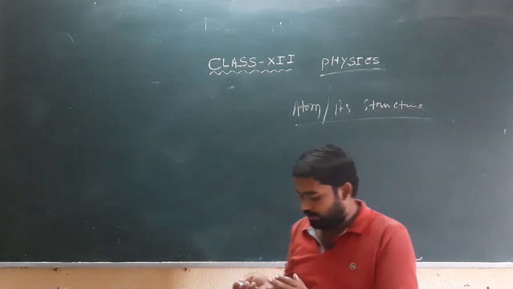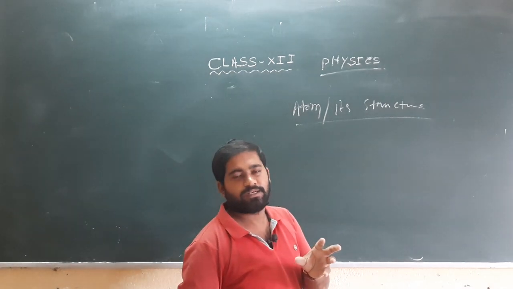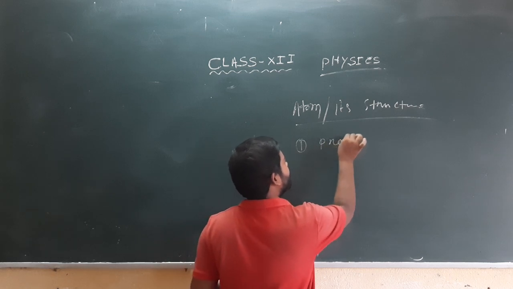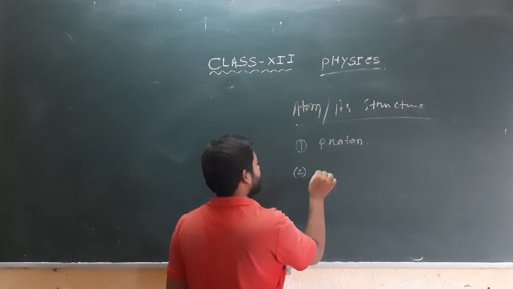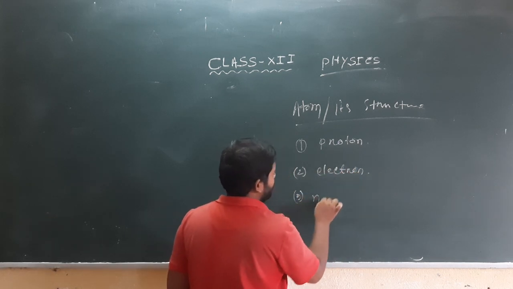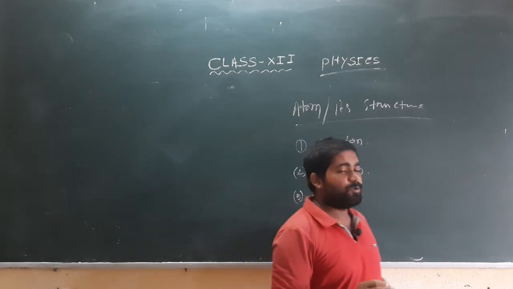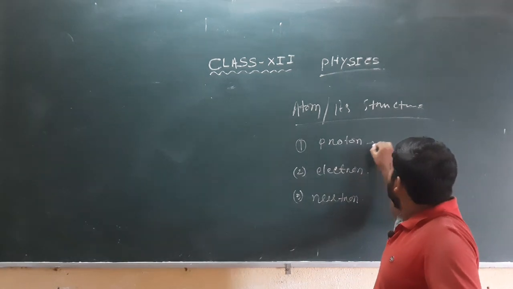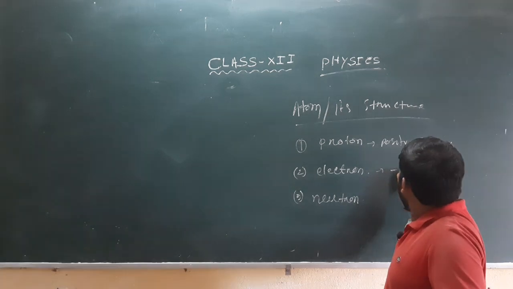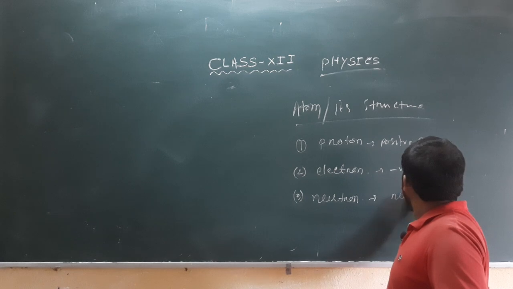In atoms there are mainly three particles: one is proton, second is electron and third is neutron. Proton is positively charged, electron is negatively charged and neutron is neutral.